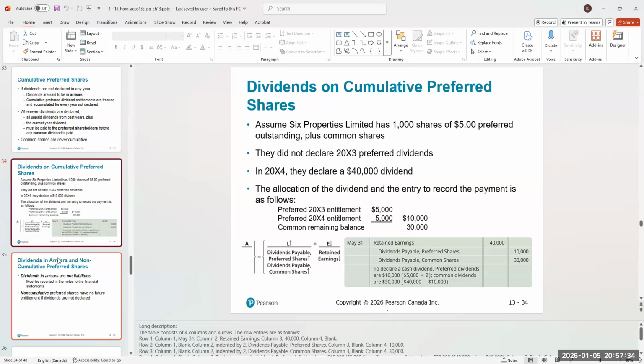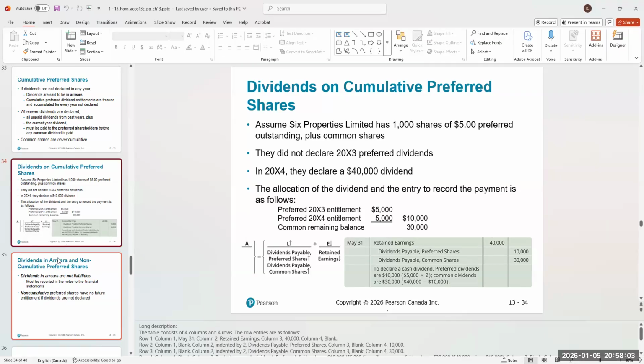First, we have to pay the past dividend for the preferred shares. We didn't pay them for one year, for 2023. So we're going to pay them first for 2023, $5,000. Second, we're going to pay them the dividend that they're guaranteed for 2024.